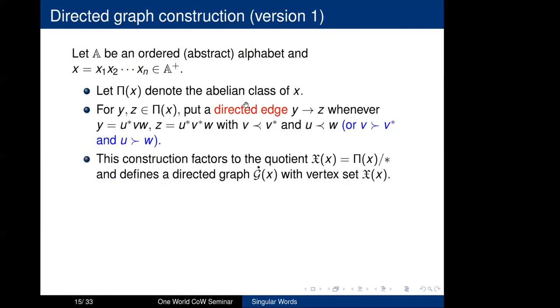This construction is easy to see factors to the quotient, so this is an abelian class where you identify a word with its reverse. In other words, if you have a directed edge from Y to Z, there would be one between Y star and Z star.